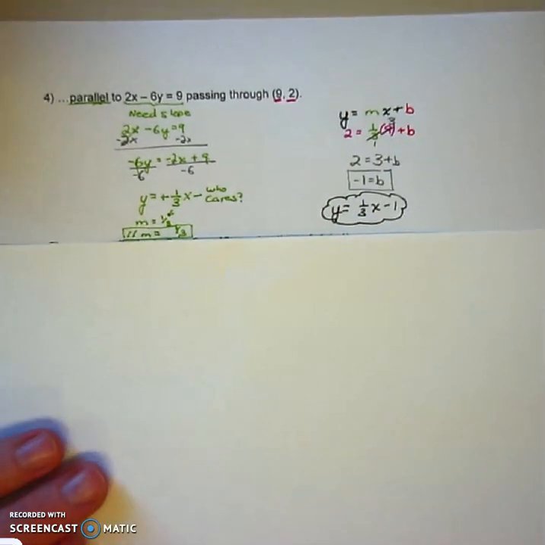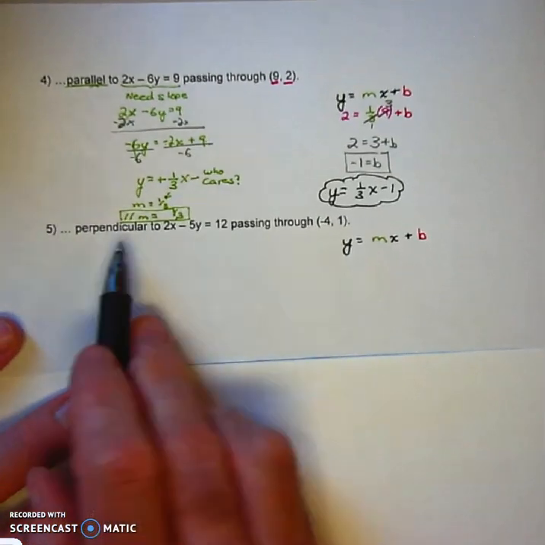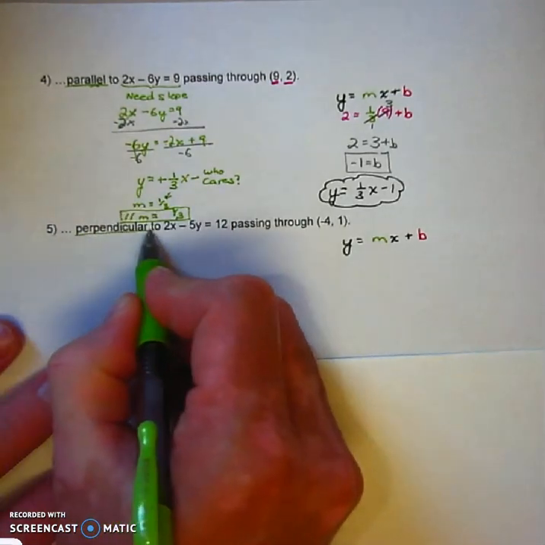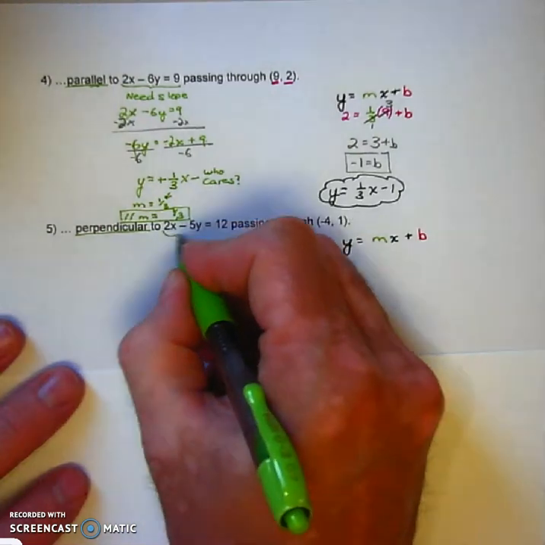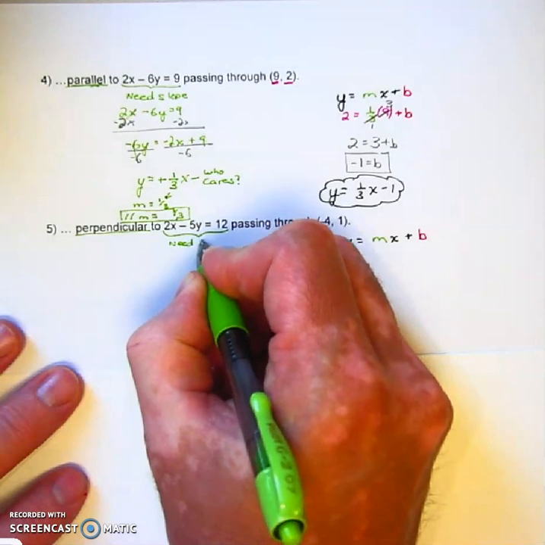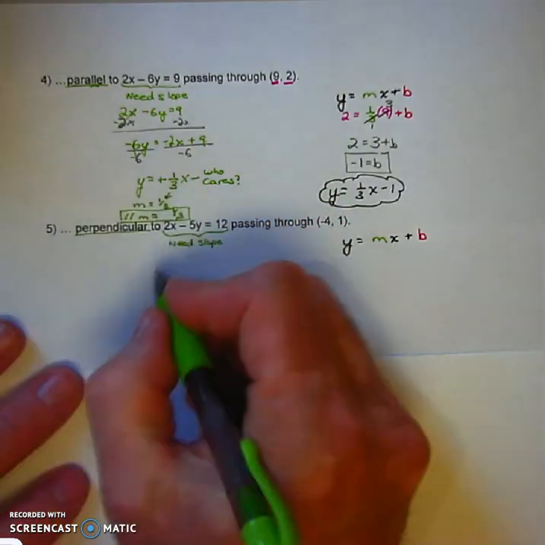Okay, let's take a look at this one. Now this next one, number 5, is a lot like number 4, except I see we have a new word, perpendicular. So just like number 4, we need to get the slope out of that equation. You always have to get the slope. And the way it's written, well, it's not telling me what the slope is.